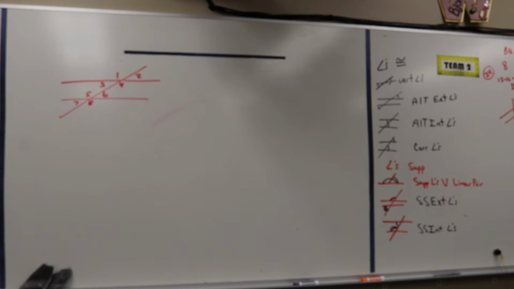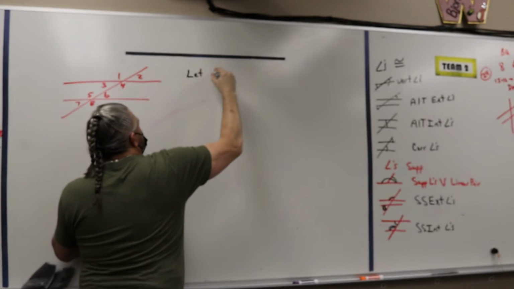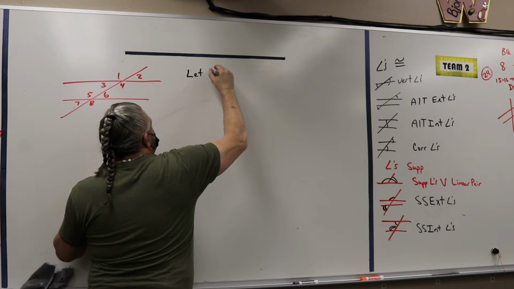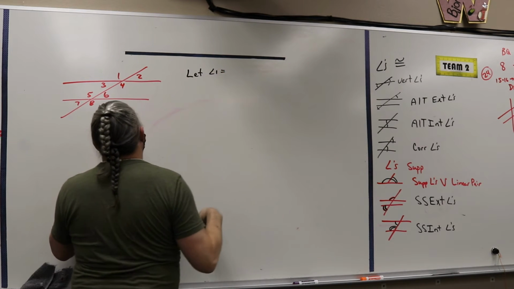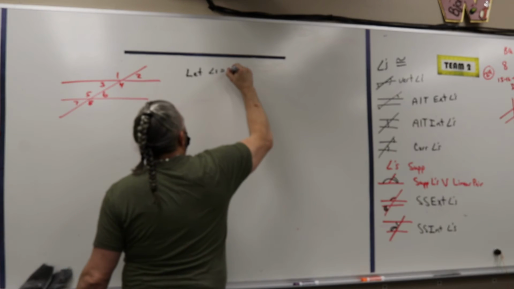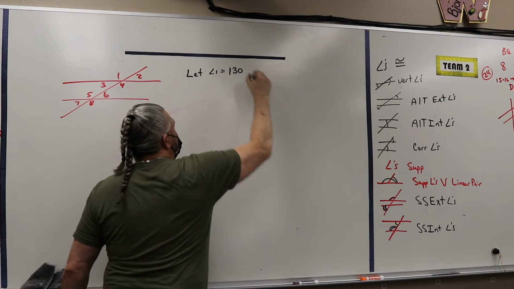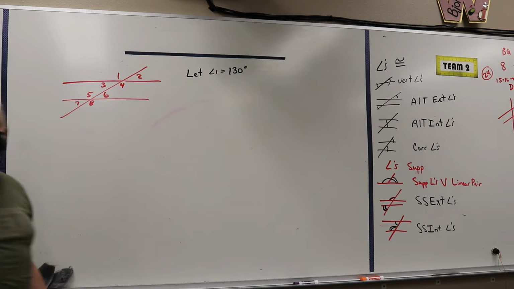Okay, so we have a proof here, and let's say that they say let angle 1 equal 130 degrees. Okay, so then this is 130 degrees.